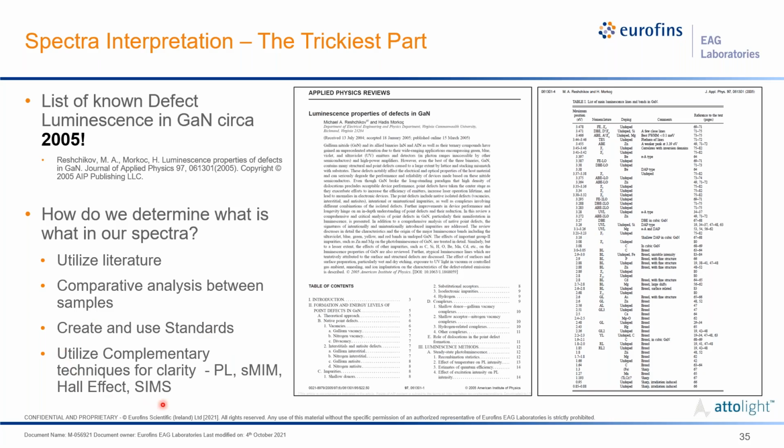And then we're also going to utilize complementary techniques for clarifying things, such as photoluminescence or scanning microwave impedance microscopy, which is an AFM technique, Hall effect measurements on our control samples, and SIMS as well on control type samples. And then obviously doing things like TEM or STEM of samples as well really helps provide the overall picture.